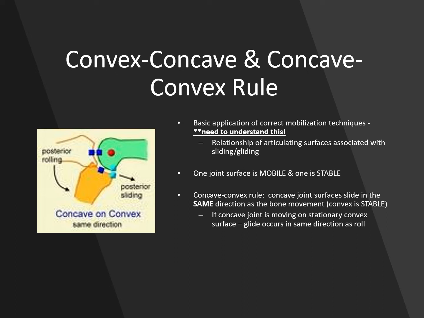When you are doing abduction, the femur is going in the superior direction, so the roll is in the superior direction and the glide is in the inferior direction. If you want to correct abduction range of motion in a hip joint, you will have to give inferior glide to increase the range of motion. That was the importance of understanding the convex-concave rule.